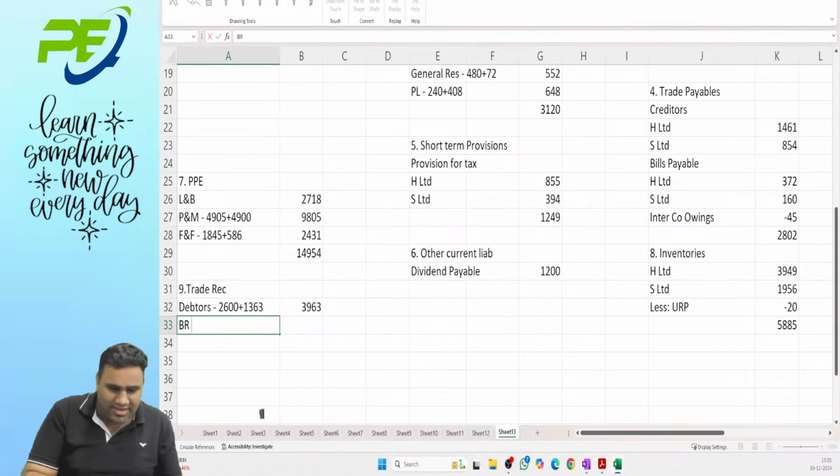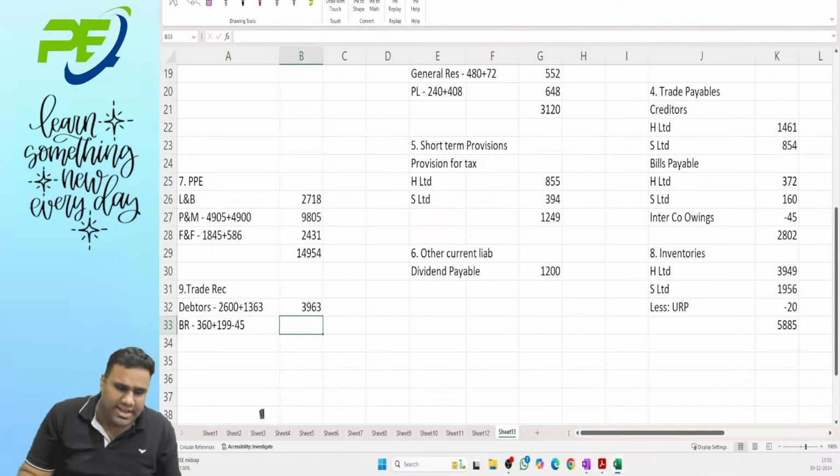Bills receivable, 360 plus 199 minus 45 intercompany owings, 514. Total 4477.